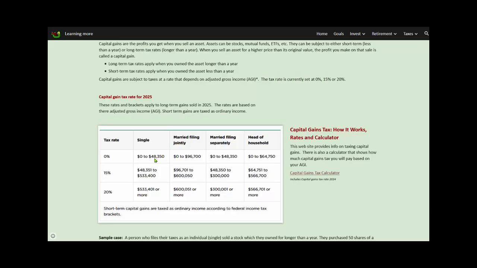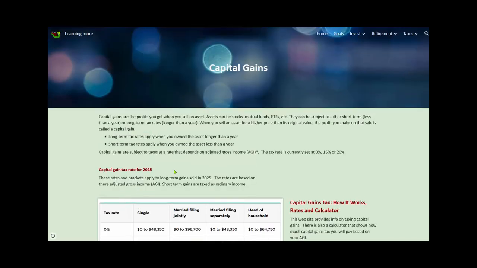If your income is under $48,350 in 2025, your tax rate will be 0% on those capital gains. And as you can see, it could go up to 15% or 20%. And there are two types of capital gains, long-term and short-term, and we describe that here.